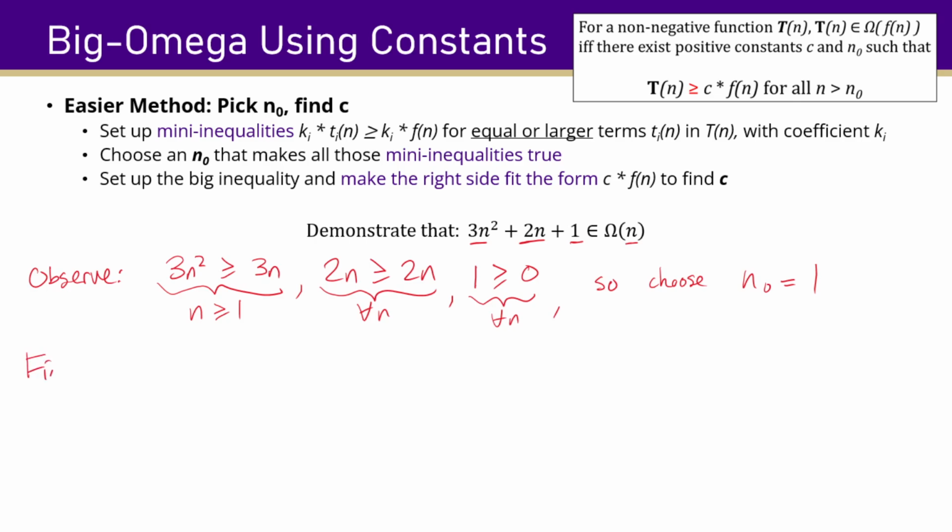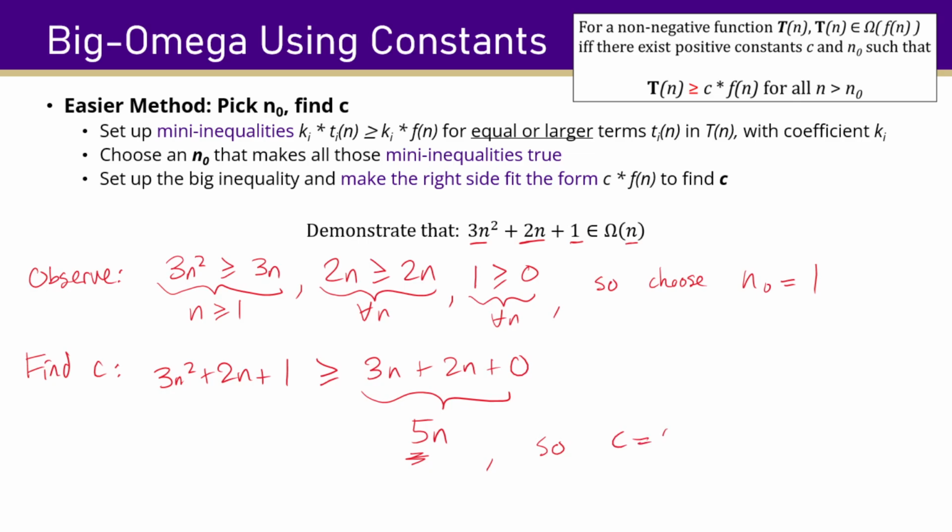All right, so now we need to find c by setting up that inequality. 3n squared plus 2n plus 1 is going to be greater than or equal to c times f of n. So we can take our little pieces. This is always going to be greater than or equal to 3n plus 2n plus 0, and 5n is what that simplifies down to. So we have c as 5. So c is equal to 5, and again, our n naught is equal to 1.